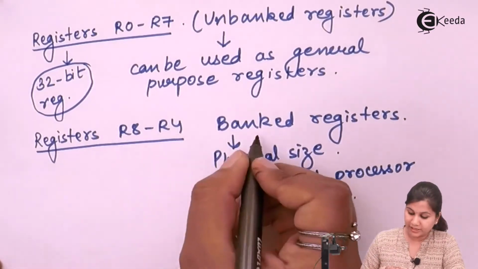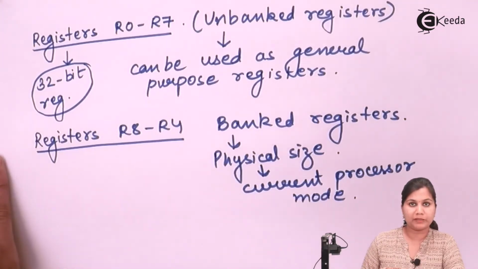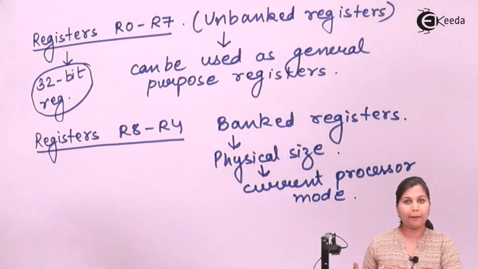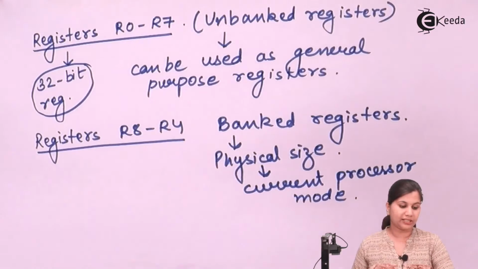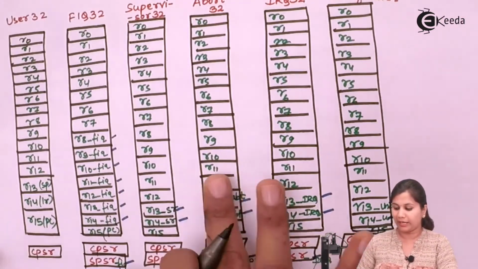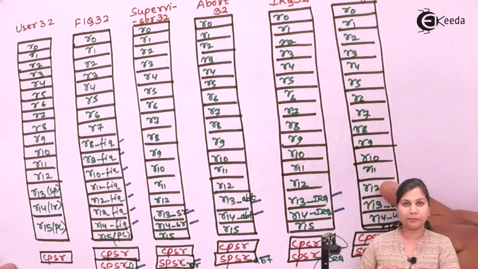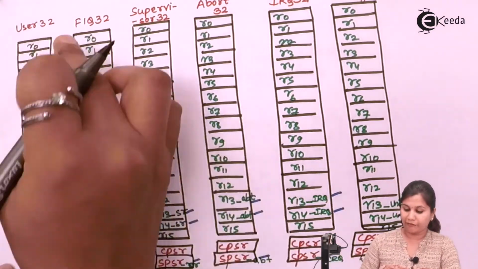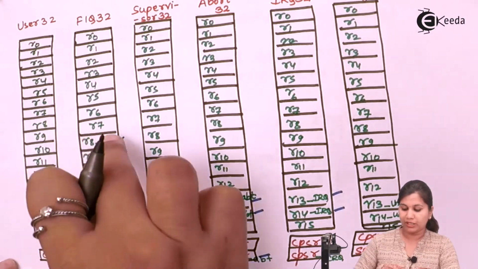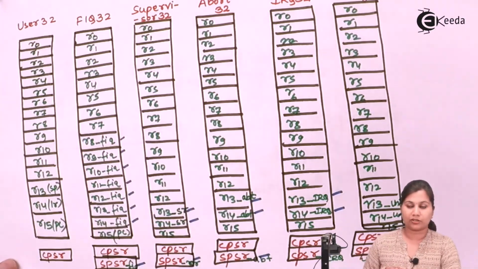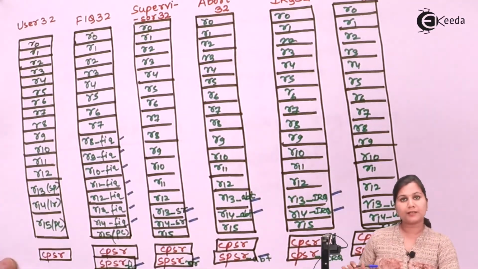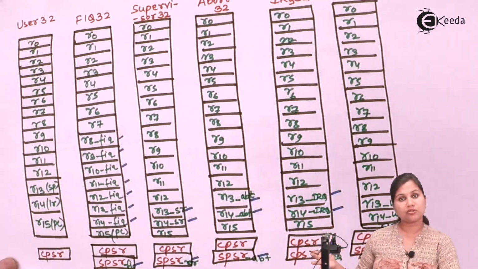Okay, these registers can be used as general purpose registers also, depending upon the processor mode. You can see that in the supervisor, abort, IRQ modes, some of the registers are used as general purpose registers, whereas in FIQ, R8 to R14 are used as the banked registers. So depending upon the processor mode, the function of the registers is changing.